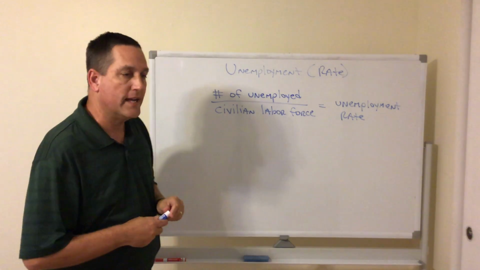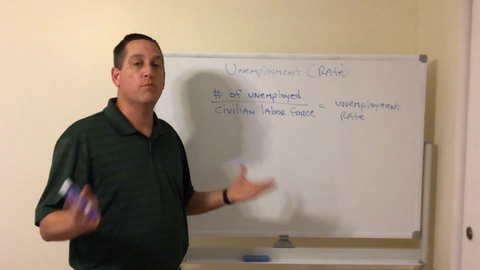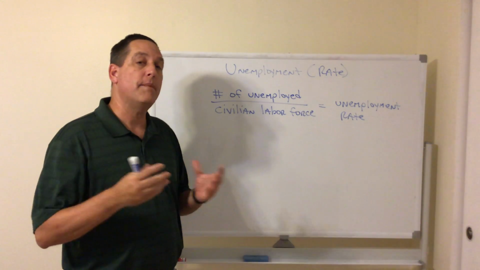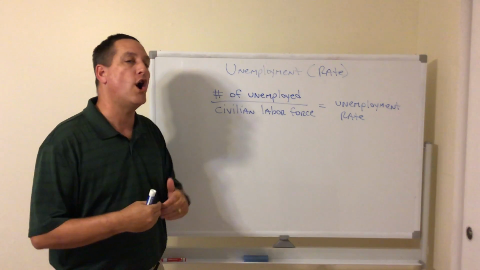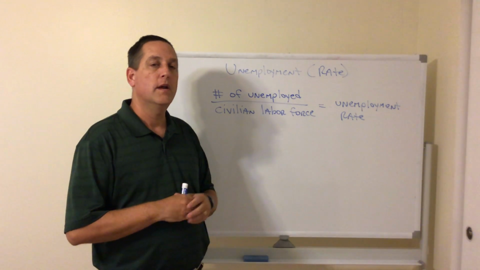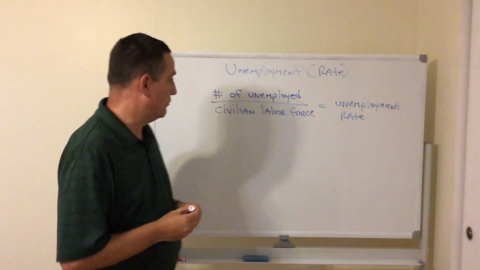For example, if I asked how many of my third period students have started the homework, and I came up with 40%, then I might assume that 40% of all of my students have started the homework. We take a small group and project it out on the entire group.